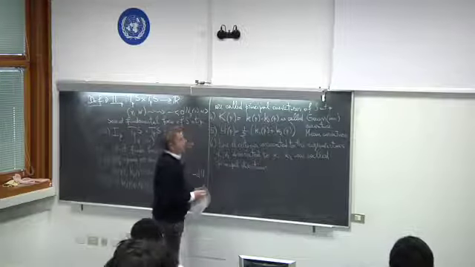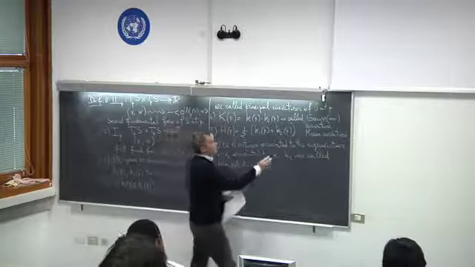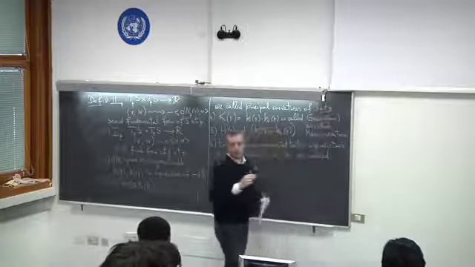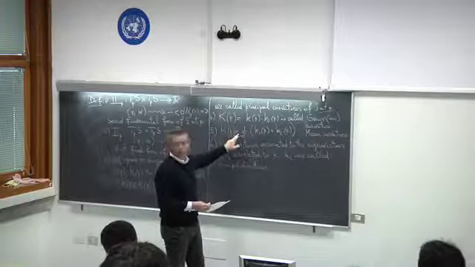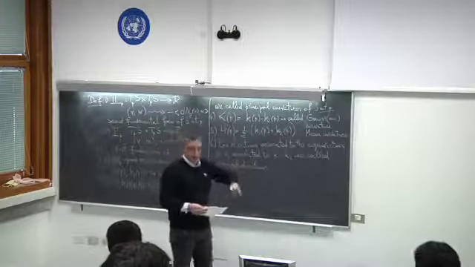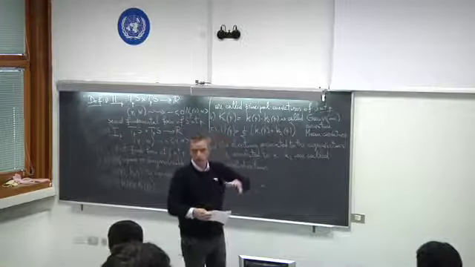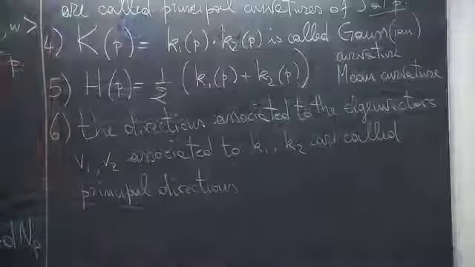Of course, remember, everything depends on the point. So at a given point, you have two numbers, the product, the mean, these directions. But if you change point, you have changed numbers.